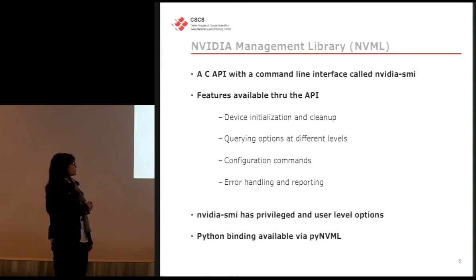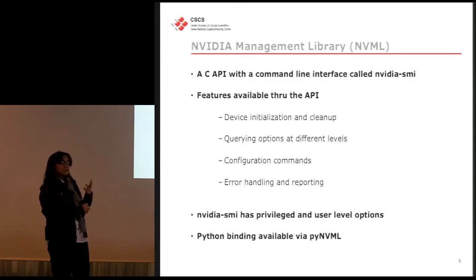The highlights are, there is a lot more in the user guide that comes with it. But at the high level, you can see that there are APIs that help you with device initialization and cleanup, which, as you could easily imagine, is a privileged type of option. Then several querying options are available, which I think users can do probably all of them.